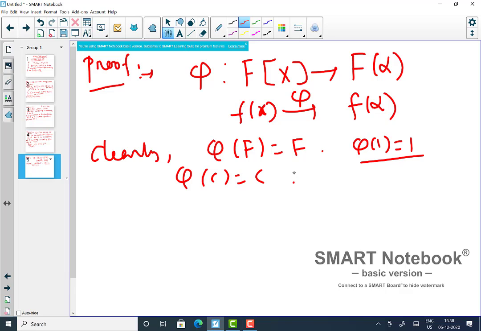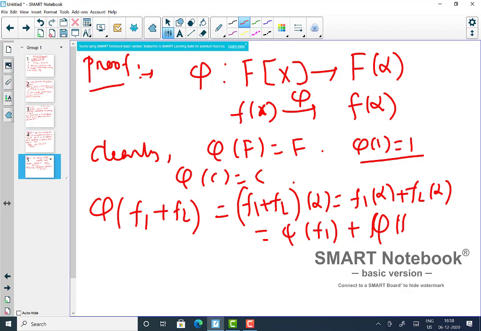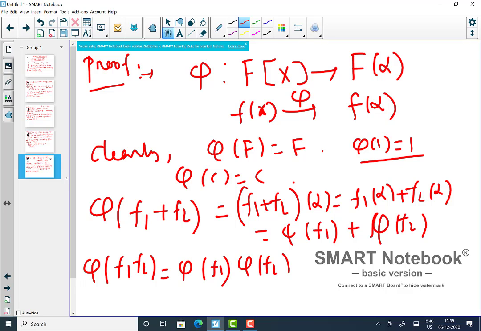And not only that, you choose f1 and f2, and phi of f1 plus f2 is (f1 + f2)(alpha), which is f1(alpha) plus f2(alpha), which is phi of f1 plus phi of f2. Similarly, for the product f1 f2, this is also phi of f1 times phi of f2. So this homomorphism property you can easily find out.